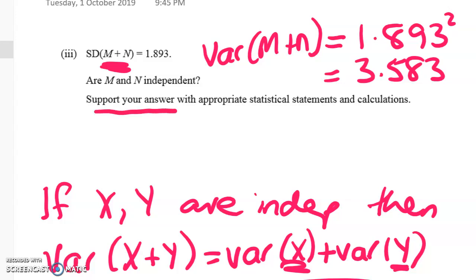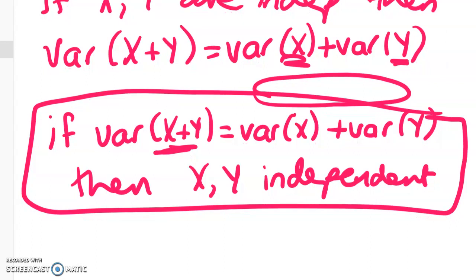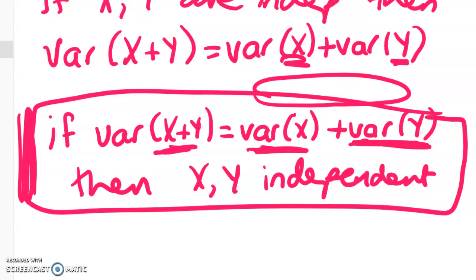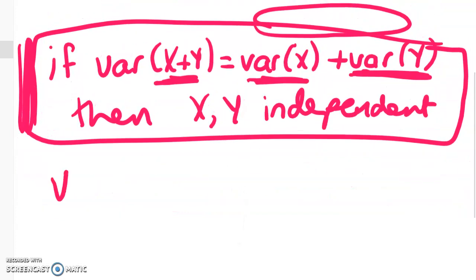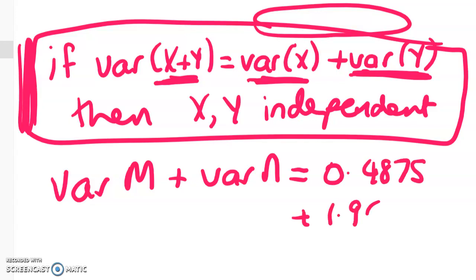It says to support your answer with appropriate statistical statements and calculations. So for me, the appropriate statistical statement is this one here in the box, because you need to explain what you're doing, right? So we're checking whether we get these two added together equaling this one. So we've got variance of m plus the variance of n is equal to 0.4875 plus 1.96.